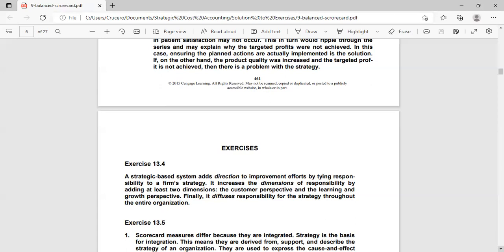Okay. So for requirement number 1, using the above statement about the scorecard measures, explain how scorecard measurement differs from that of activity-based management.